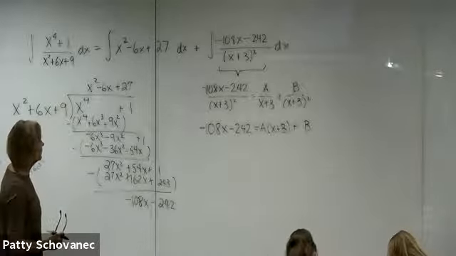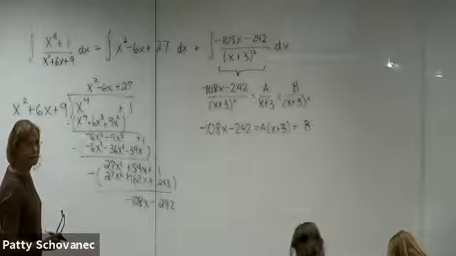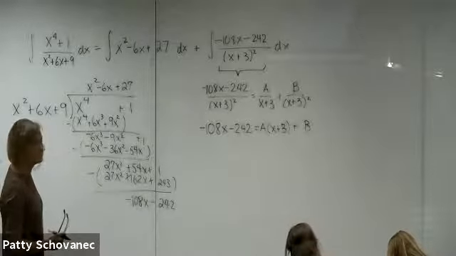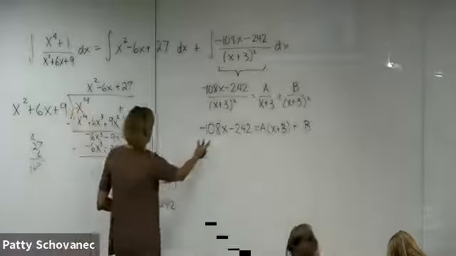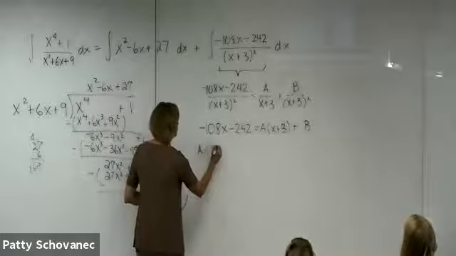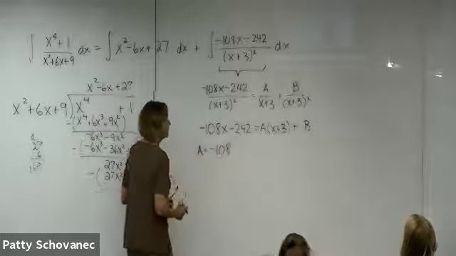A is the only thing that's going to be multiplied by the x. So what does A have to be? Negative 108. This x has to be that x. So A is negative 108.